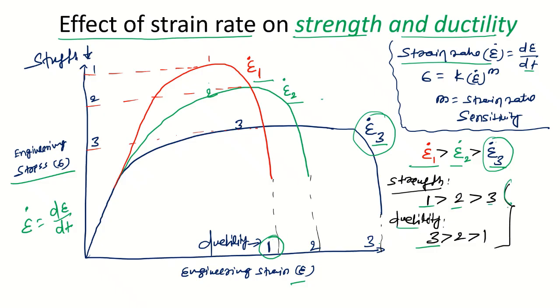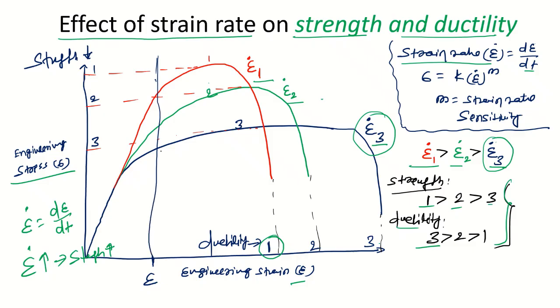So let us understand why, if we increase the strain rate, the strength is increasing. Let us consider a particular strain. Suppose that this is the fixed strain value for all three materials.